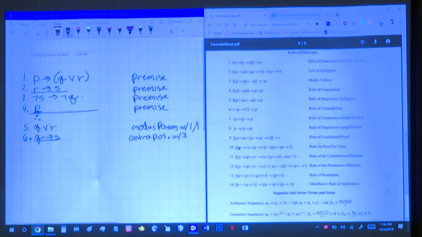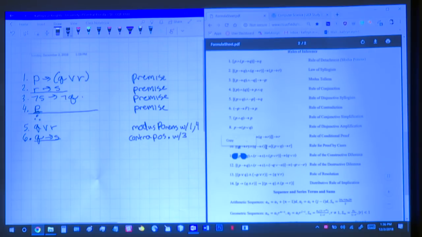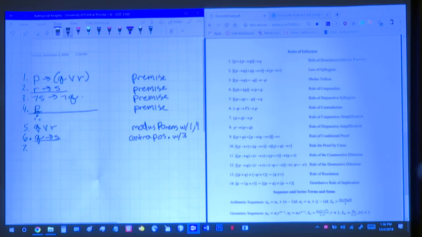This one states P implies R and Q implies R, implies P or Q implies R. So for this one we would write Q or R implies S, and that would be proof by cases with 2 and 6.